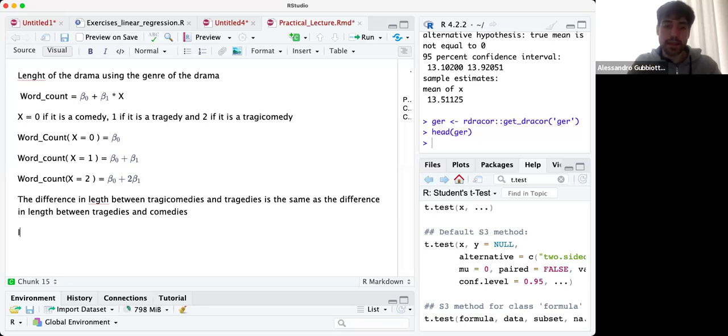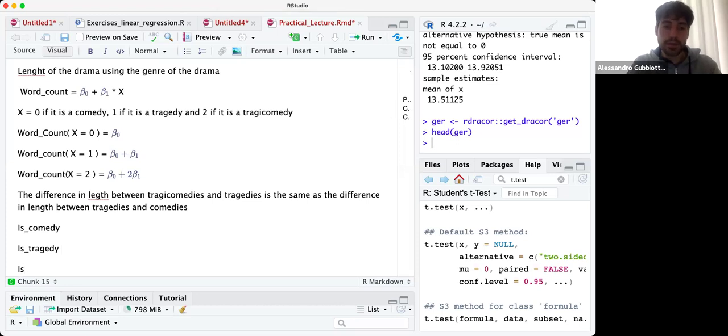We can create a variable is comedy, a variable is tragedy, and a variable is tragicomedy.